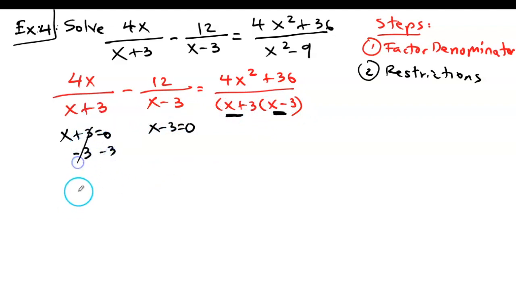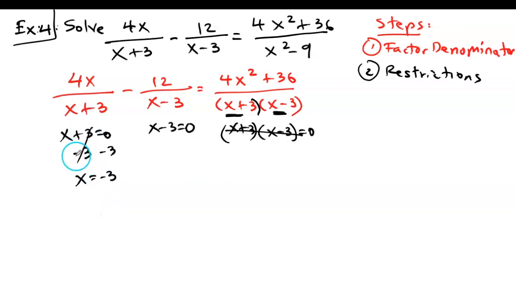If by any chance I had different factors than this, then I would have to keep going. The only reason I'm not doing it is because x plus 3 is covered and x minus 3 is covered. If they're different, you have to.